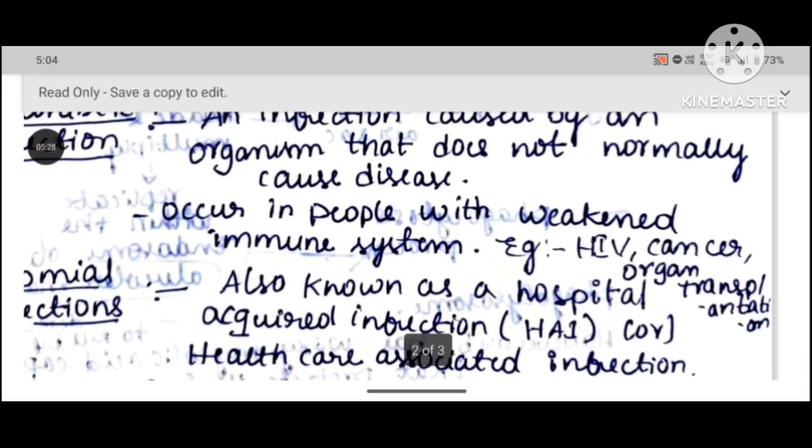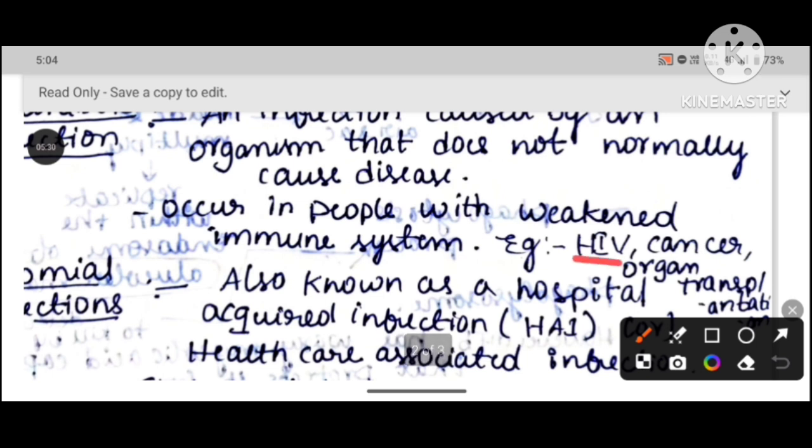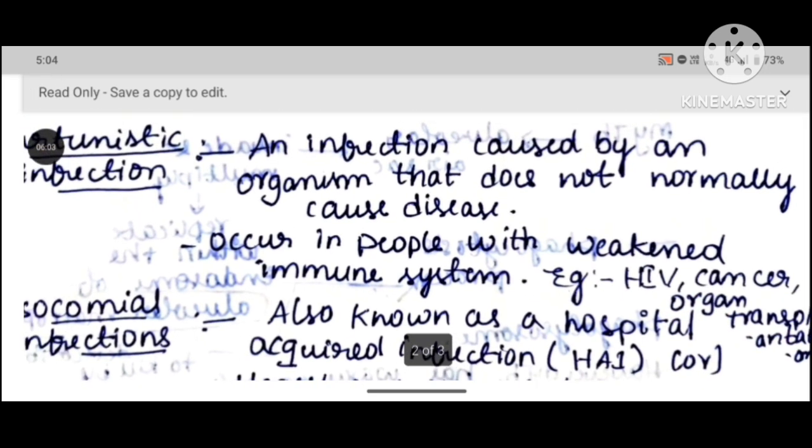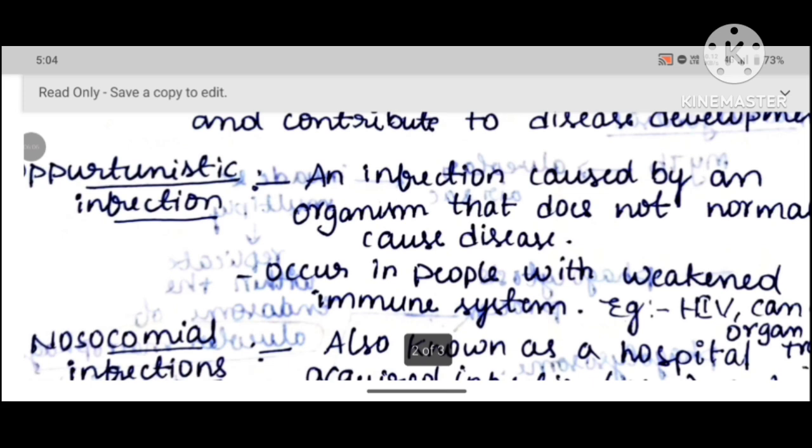For example, HIV, cancer, organ transplantation. If you observe, patients who are suffering from HIV or cancer and who have gone through organ transplantation have a weaker immune system. Due to these conditions, this normal flora, which is actually the residential flora of the host organism, may trigger itself to cause infections. So these are known as opportunistic infections.